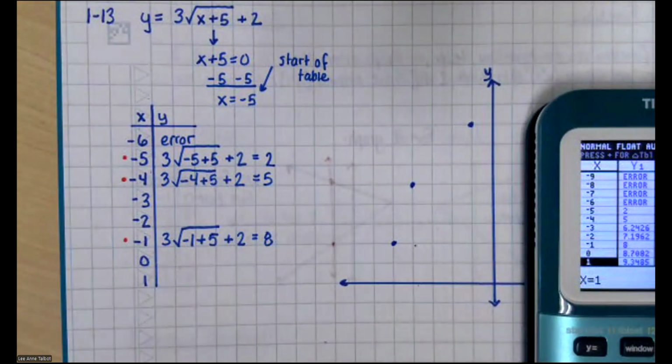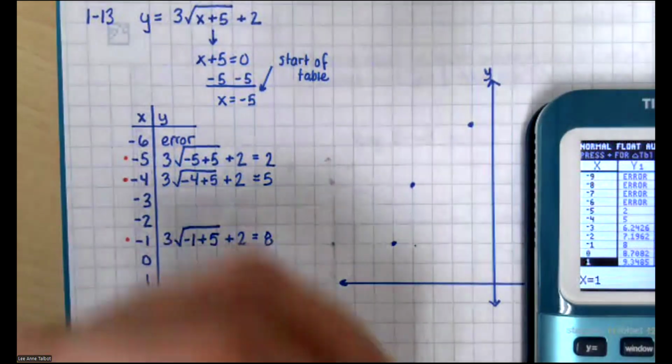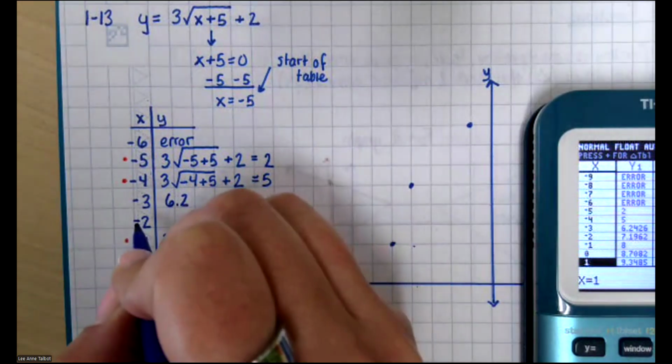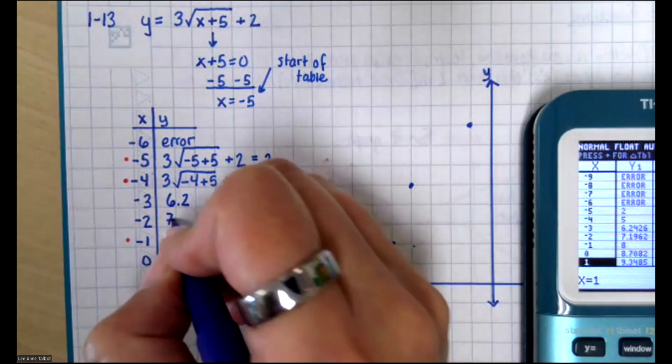And I'm just going to round to the nearest tenth. So this is 6.2, 7.2.